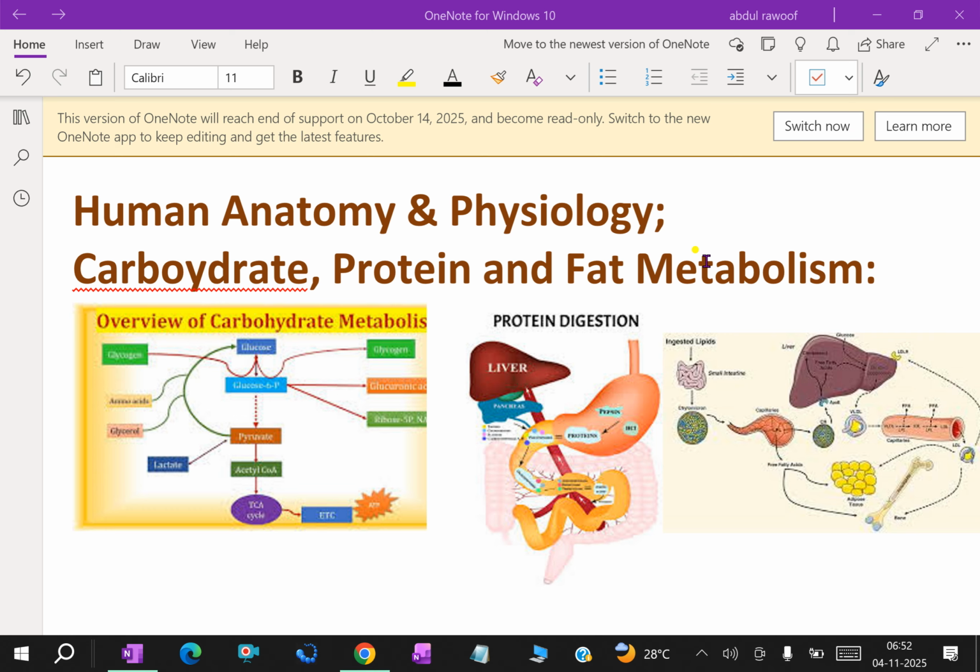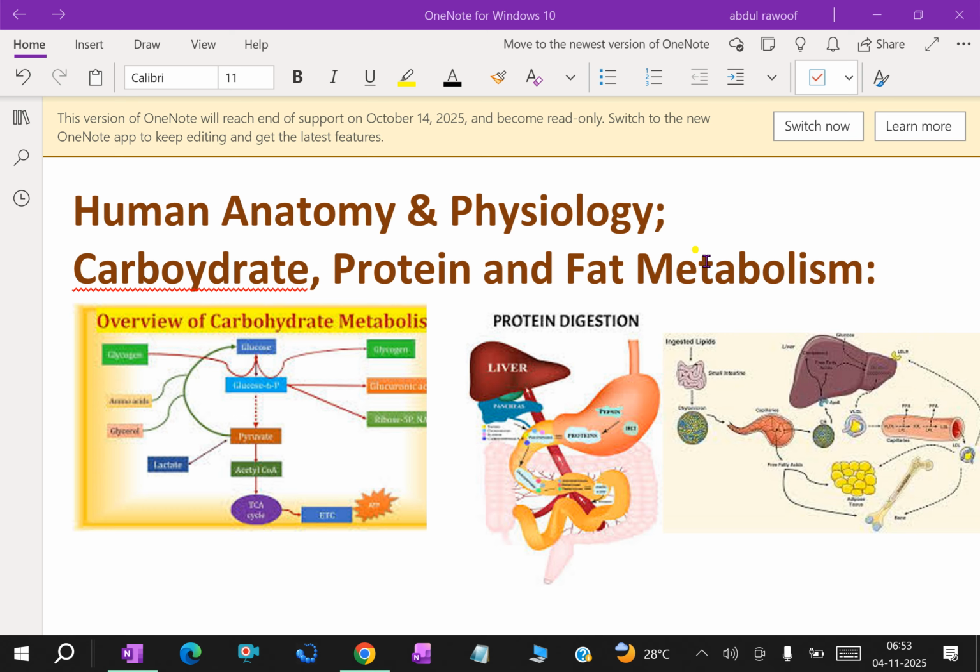Glucose may be oxidized to provide the chemical energy in the form of ATP. Some glucose may remain in the circulating blood to maintain the normal blood glucose of about 3.5 to 8 millimoles per liter, nearly about 63 to 144 mg per 100 ml.